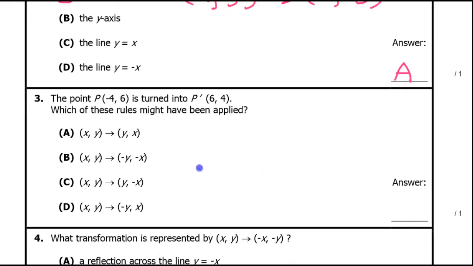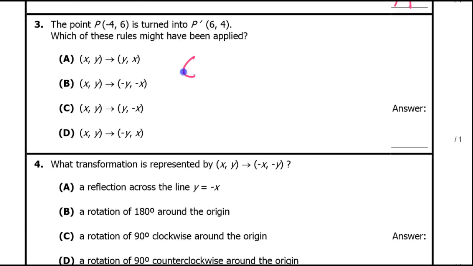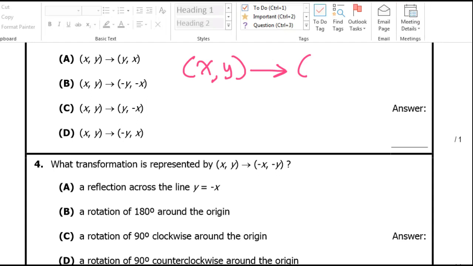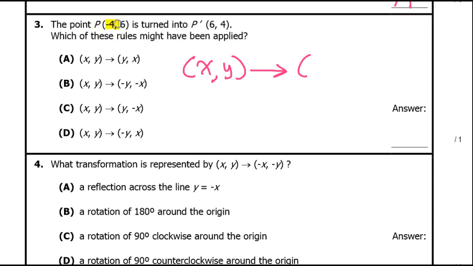Okay, let's do that again for problem number 3. All right, so the x value is -4, and I see that's going to become a +4, and notice that instead of being first, it is second.